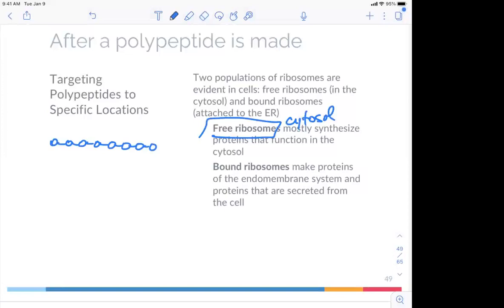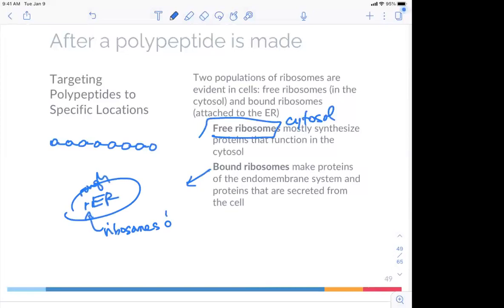vesicles along microtubules. If you've got bound ribosomes, that means they are, remember, ribosomes on the rough ER. That's what the R stands for, ribosomes. Well, I like to think about it as it's actually rough ER, but ribosomes make the rough ER rough. Little circle.